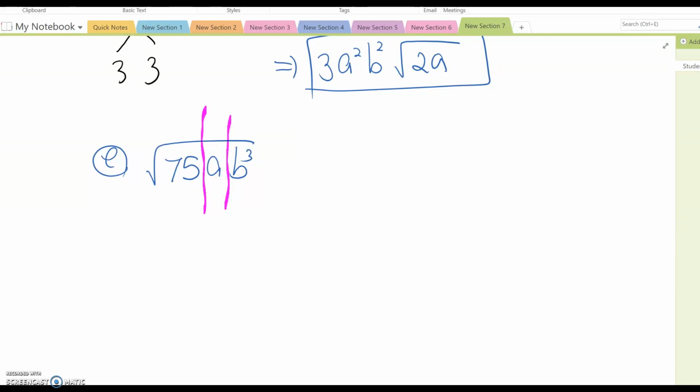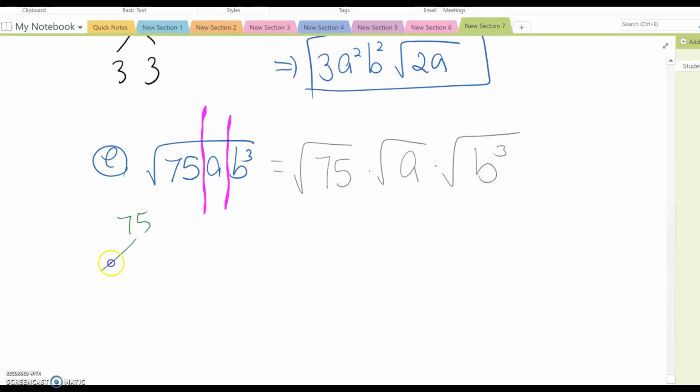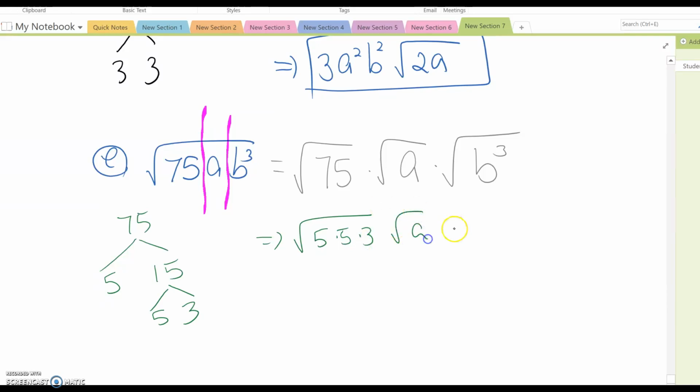So this is going to be square root of 75, square root of a, and square root of b cubed. Okay, 75 means 5 times 15, and this is 5 times 3. Therefore, this becomes 5 times 3, and root a, and the root of b times b times b.